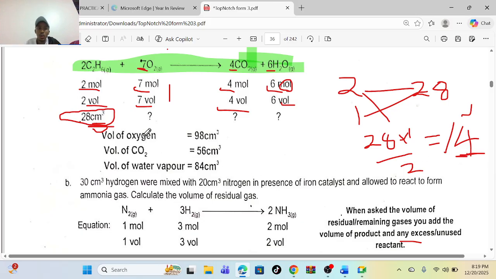If one volume is equal to 14, what about 7? 7 times 14 is 98. If one volume is 14, what about 4? It will be 56. If one volume is 14, what about 6? It will be 84. And that's all.